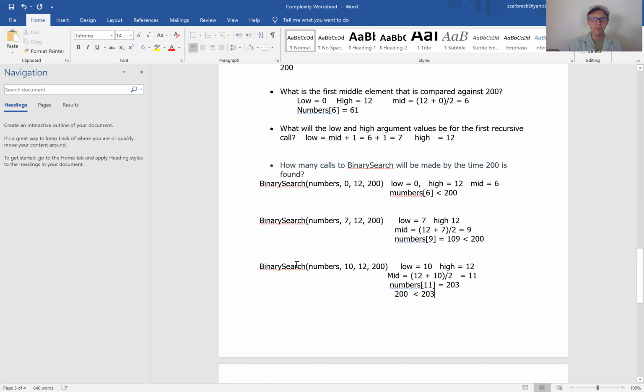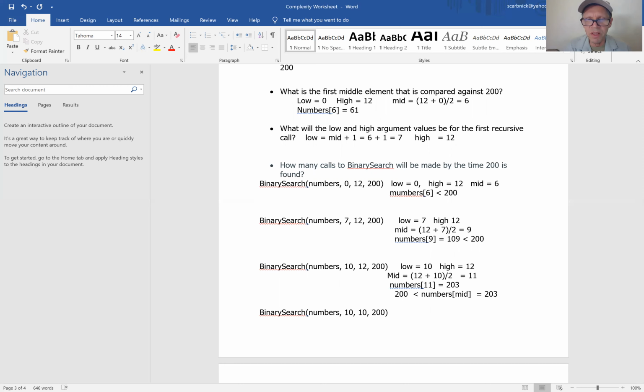So the next to the very last time we call binary search, it's the high that changes. Because 200 is less than numbers of mid, which is equal to 203, the high will become 1 to the left of mid.